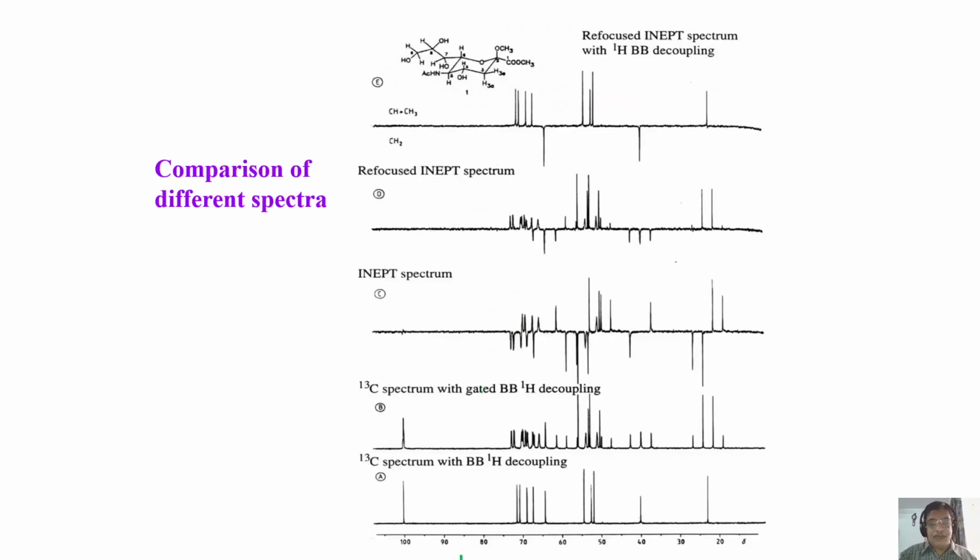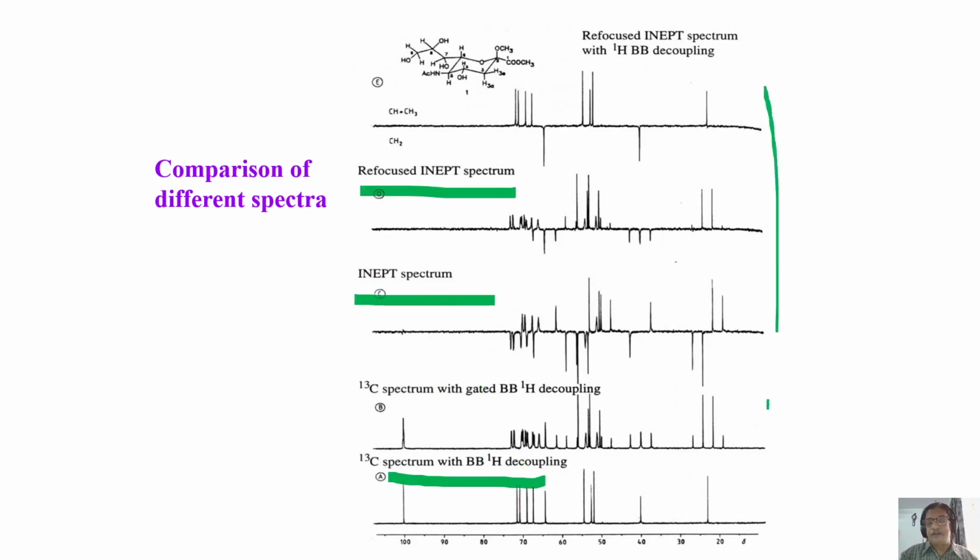And this is where you can compare varieties of spectra, different types: carbon 13 decoupling, no decoupling, INEPT, refocused INEPT, and all those things. And you don't compare just the intensity, you have to compare the signal to noise ratio. This signal to noise ratio is very important.